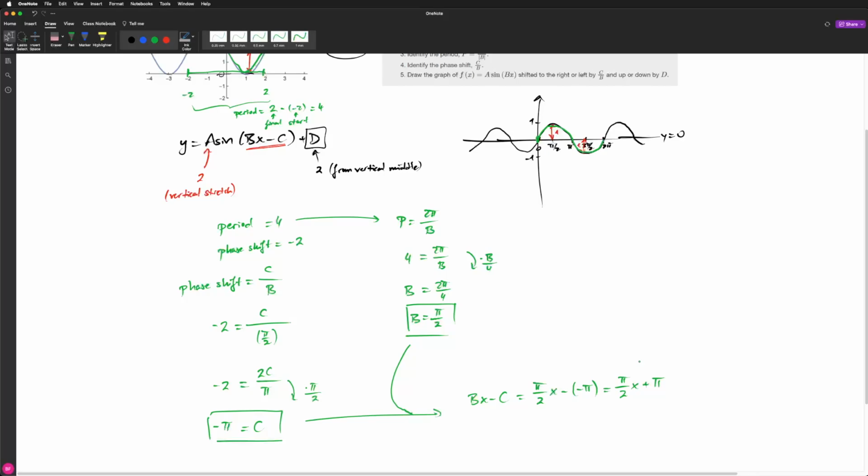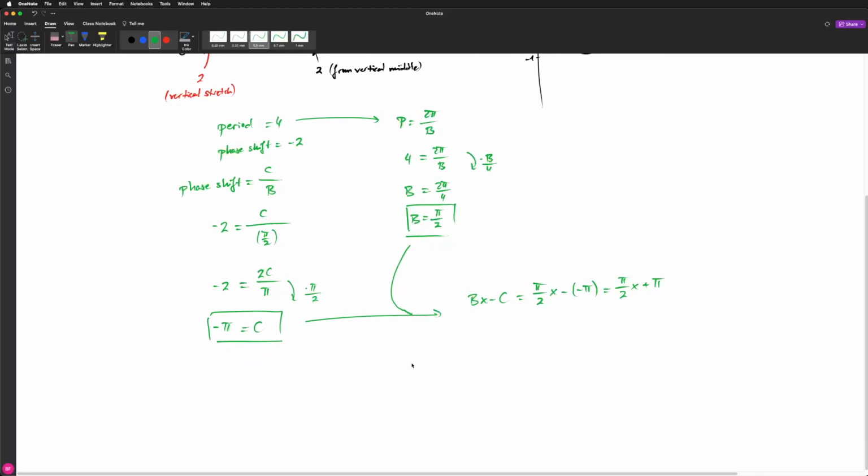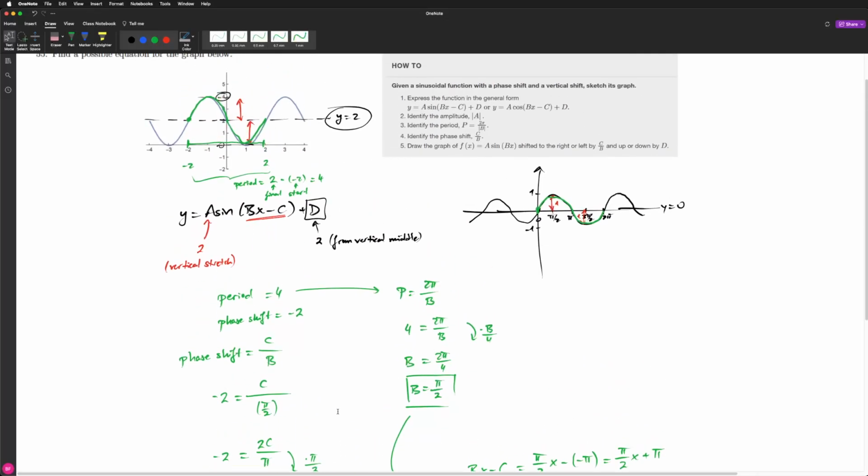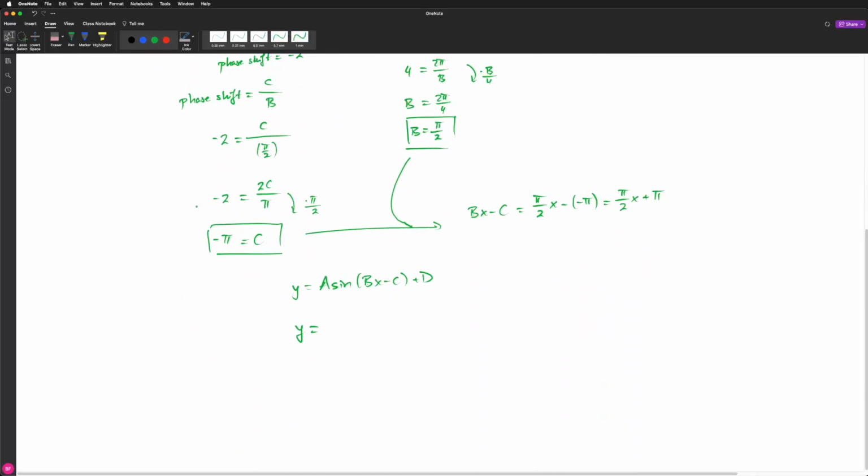And when I put everything together, y equals a sine bx minus c plus d becomes y equals, what was my a? 2. 2 times sine of pi over 2 x plus pi, minus 2.